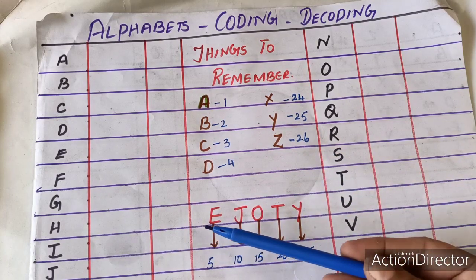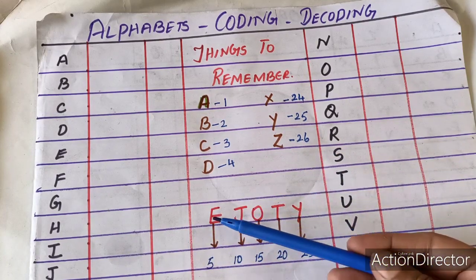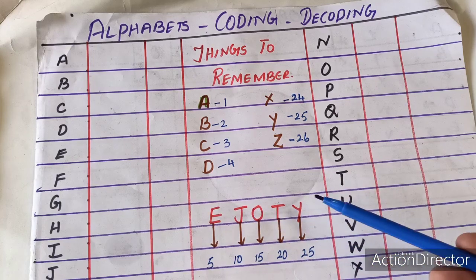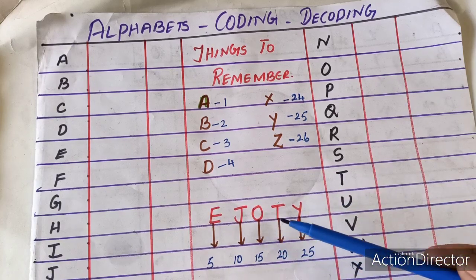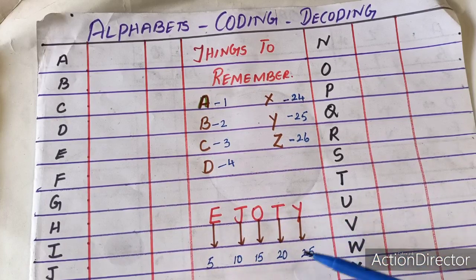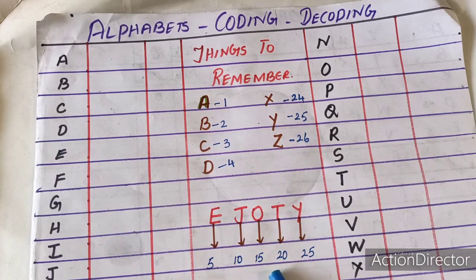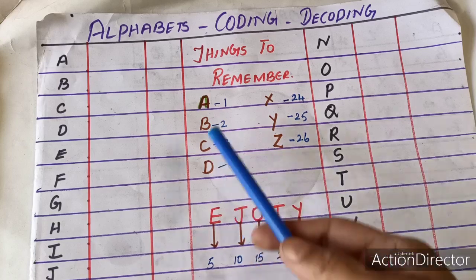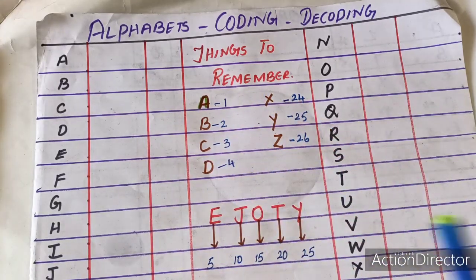Apart from that, let us remember one beautiful word, Ajoti. Let it be my friend's name so that you can remember it very easily. For this I am going to assign the numbers of the 5 table. 5 ones are 5, 5 twos are 10, 5 threes are 15, 5 fours are 20 and 5 fives are 25. So now you are thorough with these numbers.